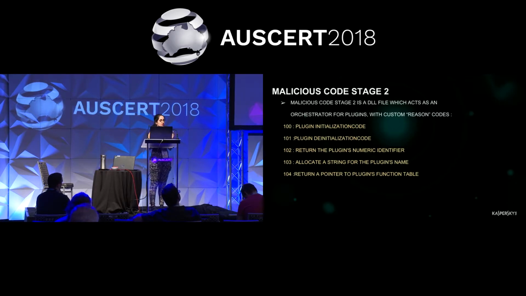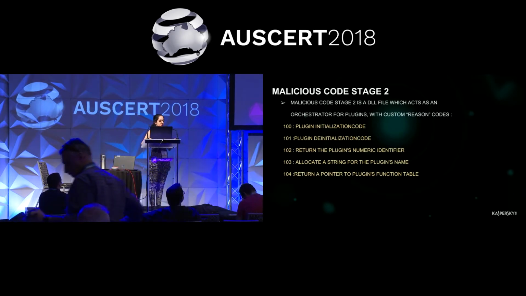I actually get to the structure of the plugins later. But what I want to say here is that the stage 2 code was working with different plugins that were inside the code to install the plugins and use the plugins. And each plugin had the same structure as the stage 2.